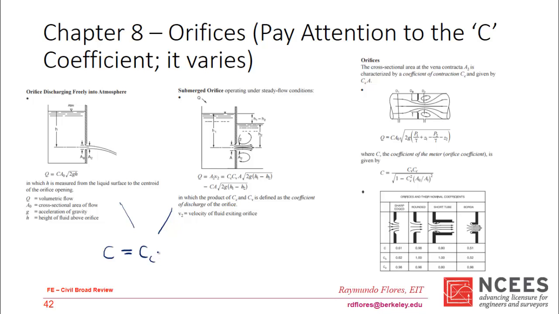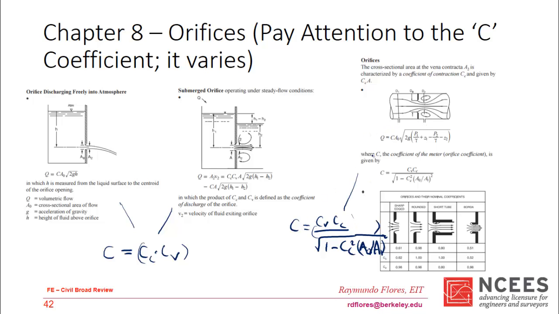So in these two cases, it's CC times CV. But in this case it's a lot different, because C is CV times CC over the square root of 1 minus CC squared times A0 over A1 squared. So it's different. And in the case of an orifice where it looks like a pipe, you just use this as your C.